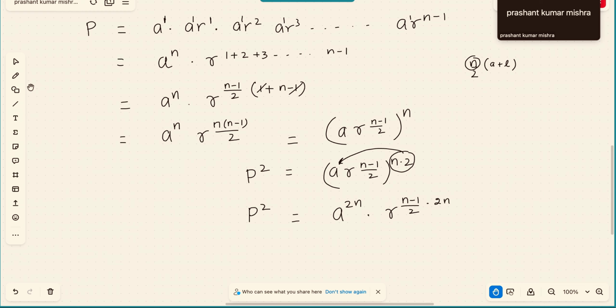Now the 2 and 2 cancel, so we can write A raised to the power 2n times R raised to the power n minus 1 times n.